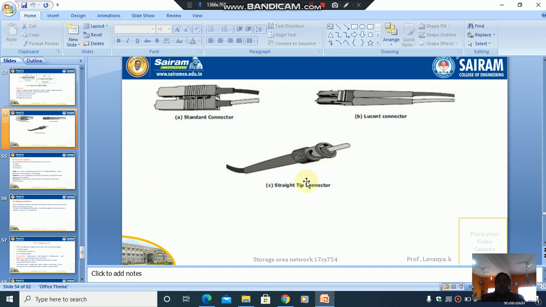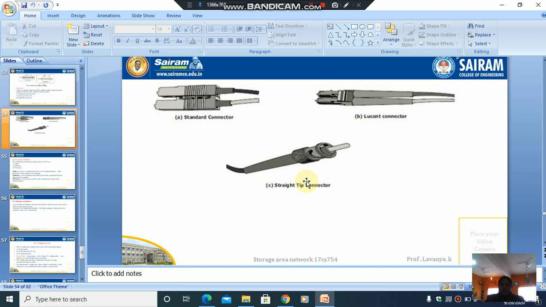Why? Because here the fiber optic connectors are bonded with the plug and a socket, so we cannot use this connector in Fibre Channel.